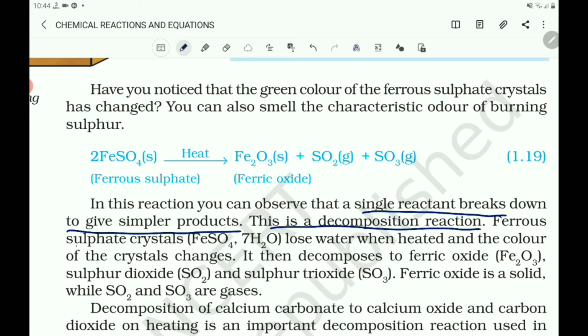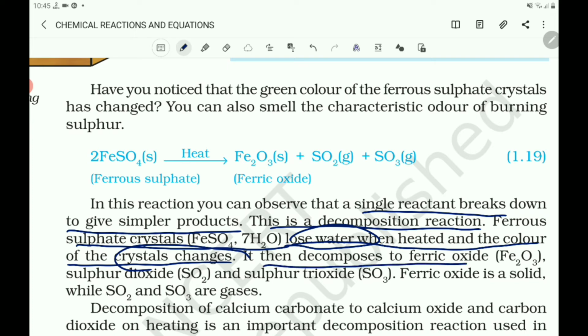This is the molecular formula of the ferrous sulfate crystal, FeSO4.7H2O. It loses water when heated and the color of the crystals changes. You know that it is greenish in color. When it was in crystal form, 7 molecules of water were there, and when heated it loses water and the crystals change.